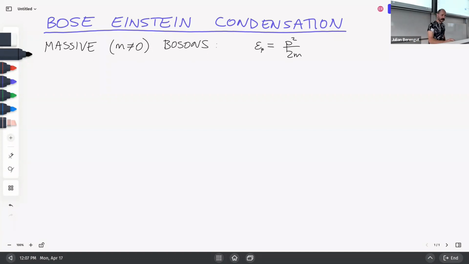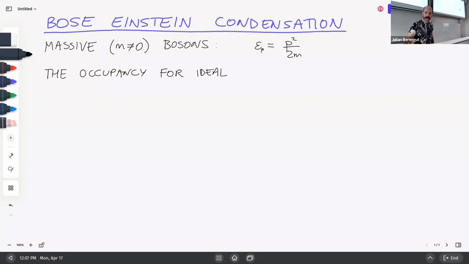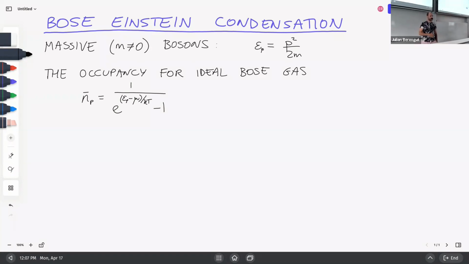We have earlier said that the occupancy for an ideal Bose gas is this one that we showed before.